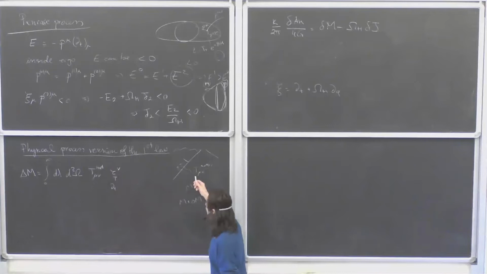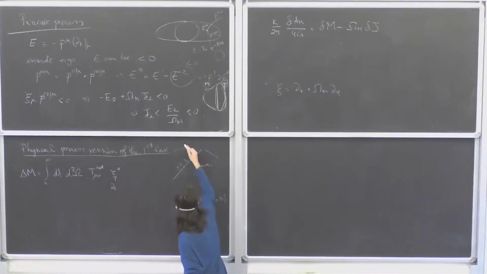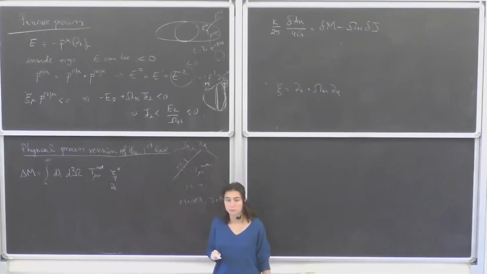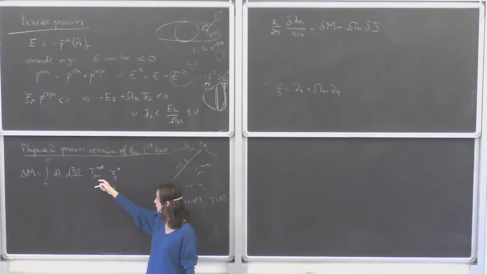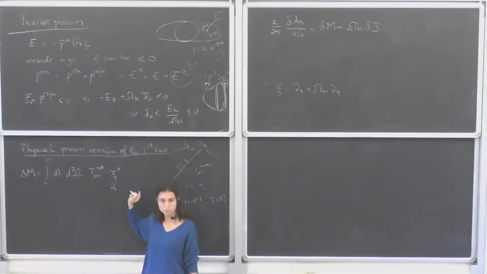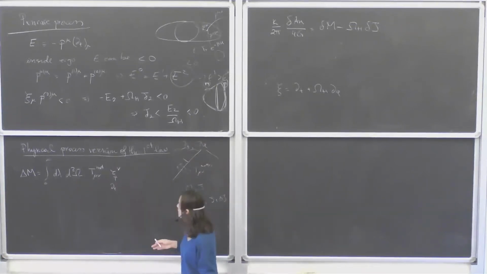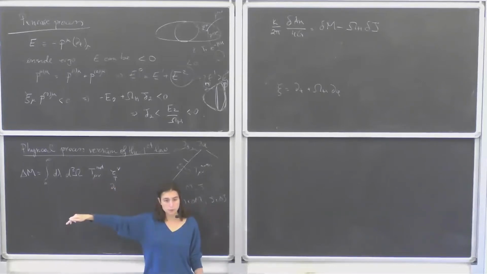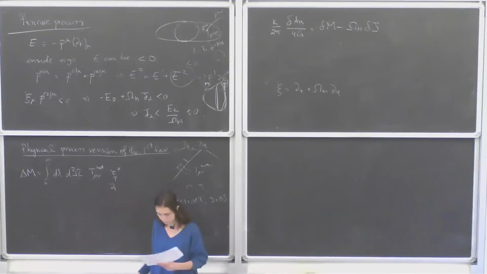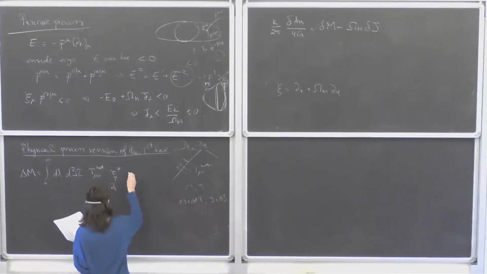Maybe I forgot to say, my black hole is stationary and axisymmetric, so it has Killing vectors d t and d phi. Since I'm looking at the increase in energy, I should be looking at the energy flux, which is T mu nu into d t, which I'm calling tau nu. Then I want to dot this index into the normal to the horizon, because it's crossing. I'm calling it k nu.